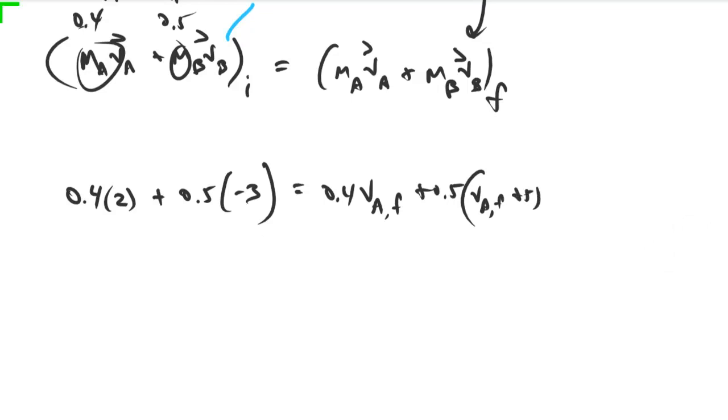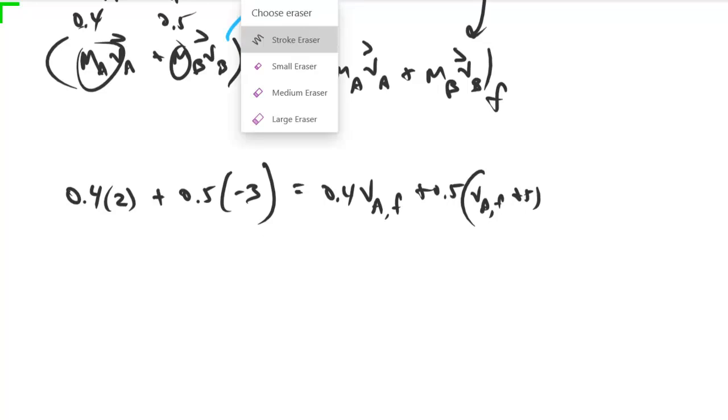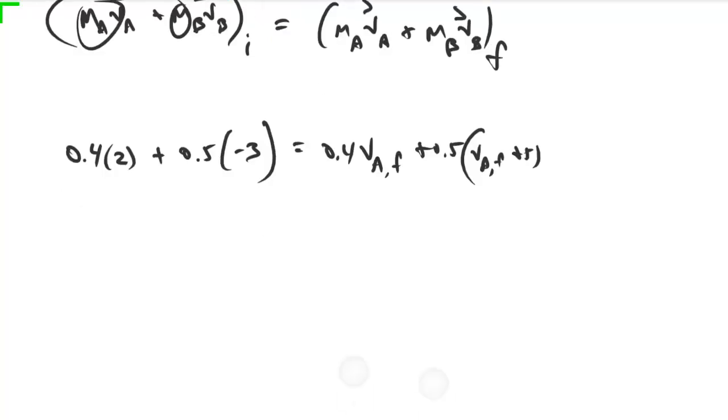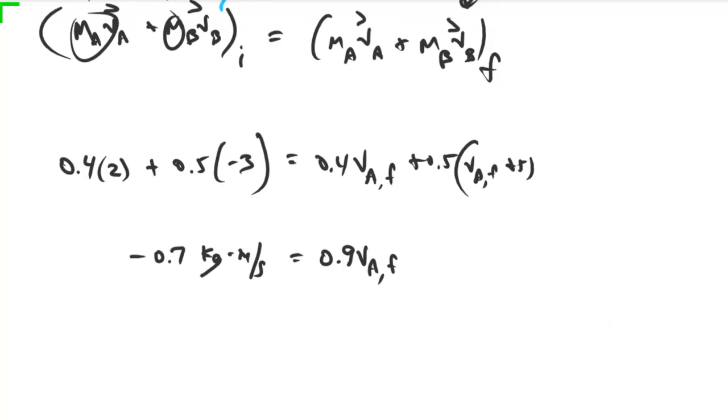And from here, we end up with negative 0.7 kilogram meters per second is equal to, this comes out to 0.9 VA final plus 2.5 kilogram meters per second.